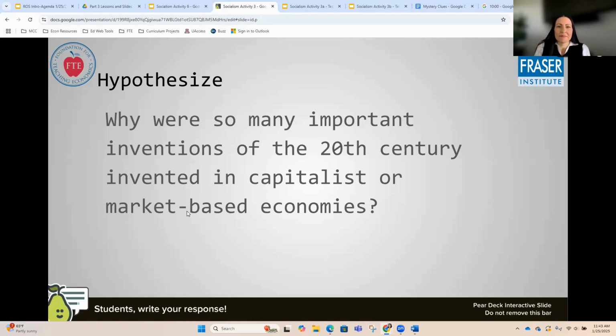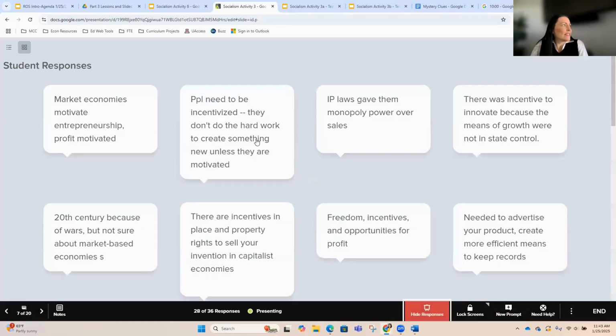Okay, I'm going to put some of your answers up to see what we have here. Market economies motivate entrepreneurship, they're profit motivated. IP laws gave them monopoly power over sales. Interesting. People need to be incentivized.